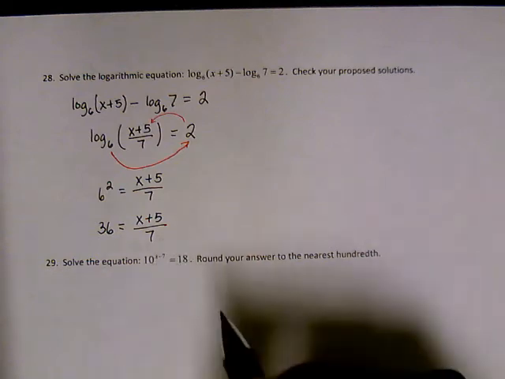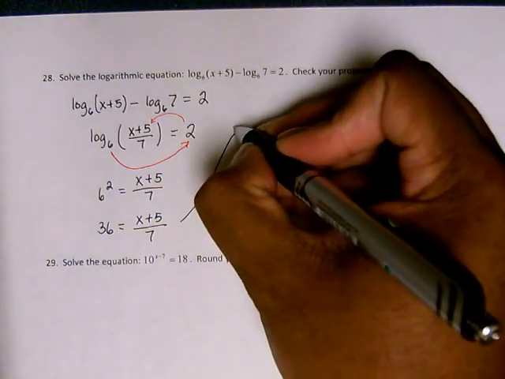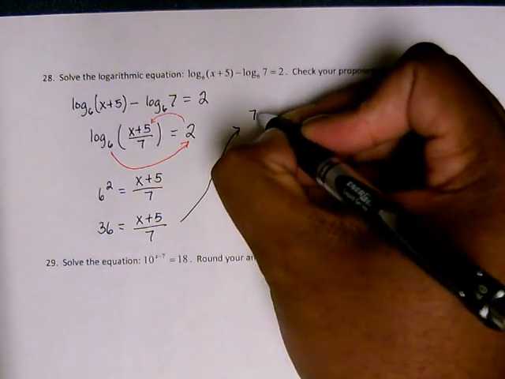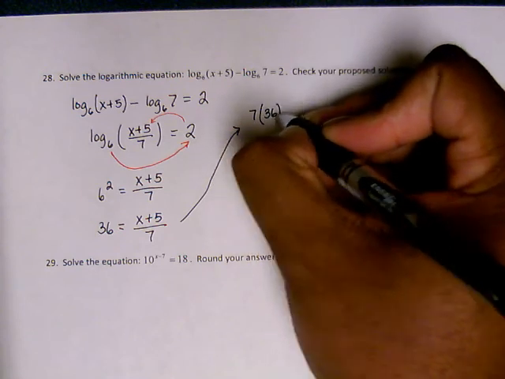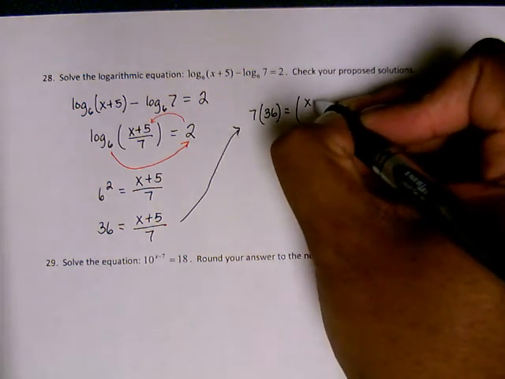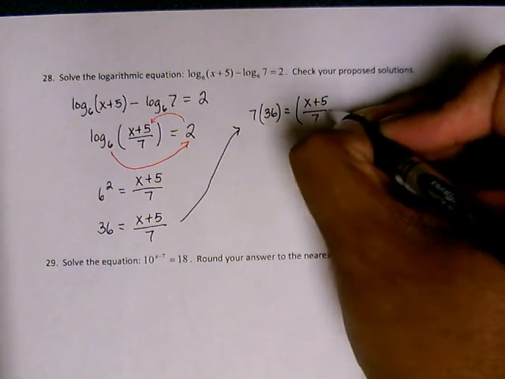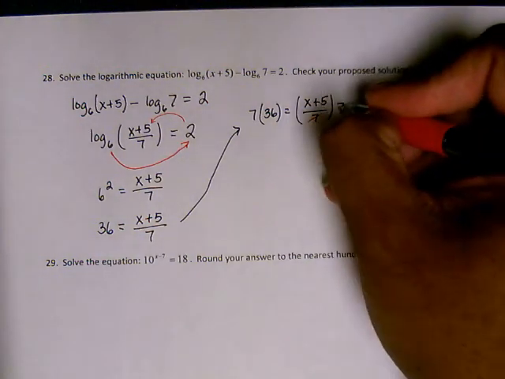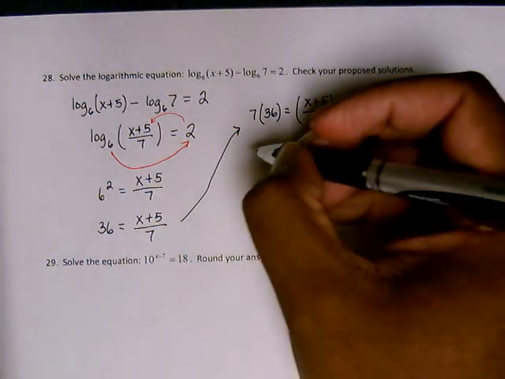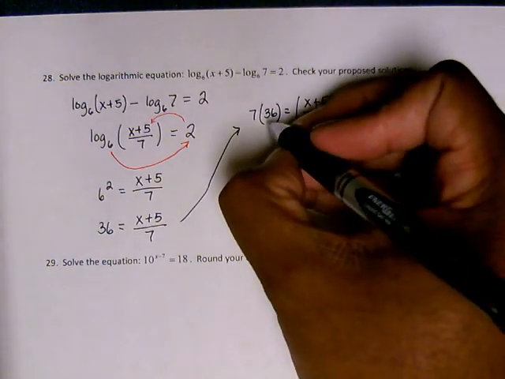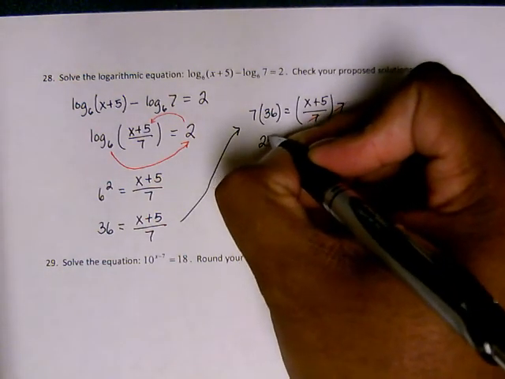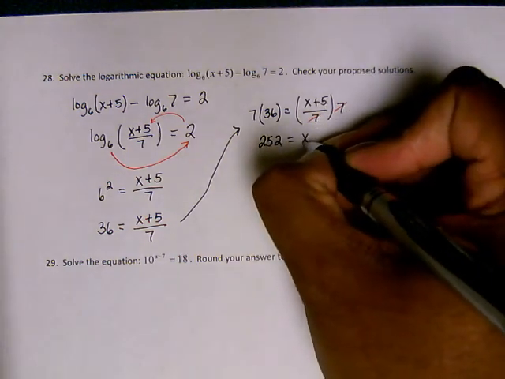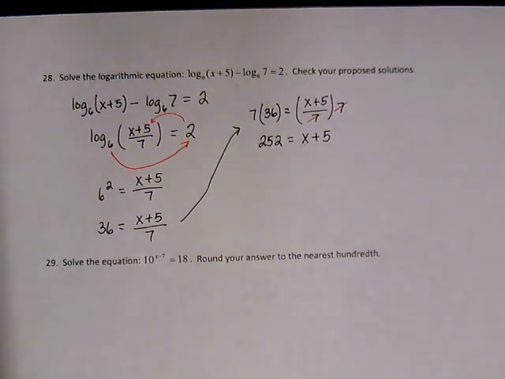Now, I need to get rid of the 7 in the denominator, so what I'm going to do here is multiply both sides by 7. That way, these 7s divide out on this side, and then 7 times 36 will be 252, and that's equal to x plus 5, or x plus 5 equals 252.